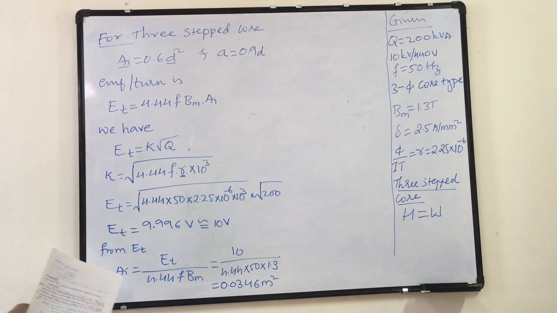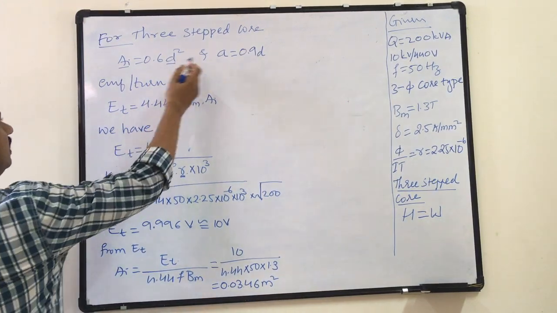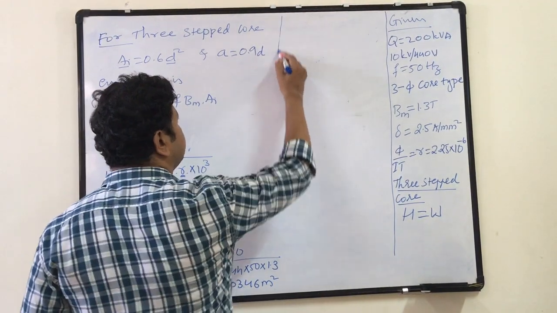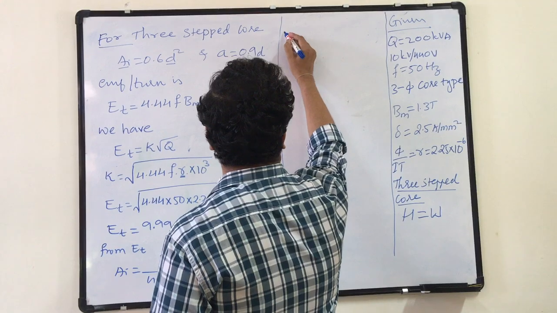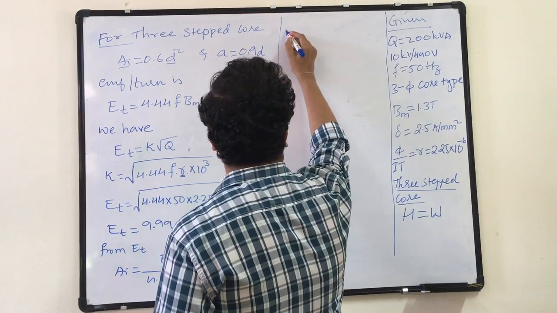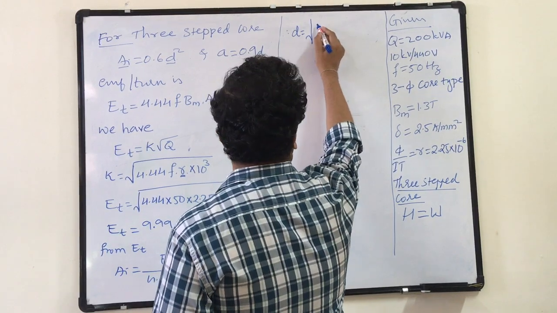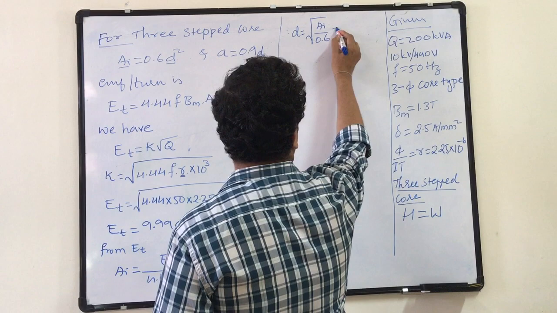Now once I know AI, I can find what is D, and once I know D, I can find what is A. So we'll do that. Therefore D is equal to under root AI upon 0.6.